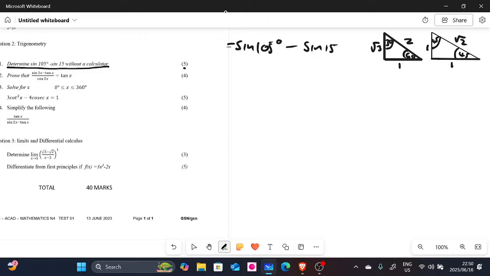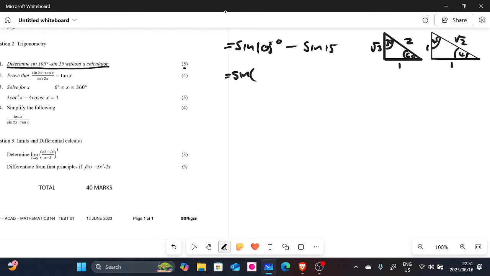We have sine 105 degrees, right? So we can use these special angles to expand this sine here. If we use special angles, we're going to write this as sine, then we expand them.